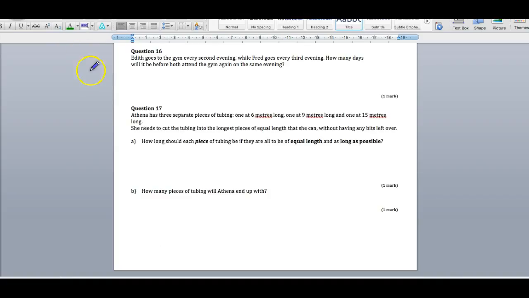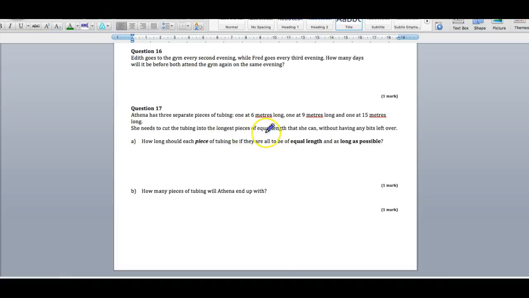Okay, question 17. Athena has 3 separate pieces of tubing, one at 6 meters, one at 9, one at 15. She needs to cut the tubing into the longest pieces of equal length that she can without having bits left over. How long should each piece of tubing be if they are all to be of equal length? Okay, so we've got 6 meters long, 9, 15.